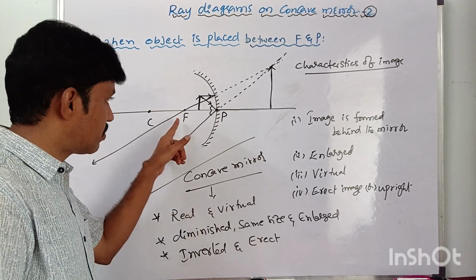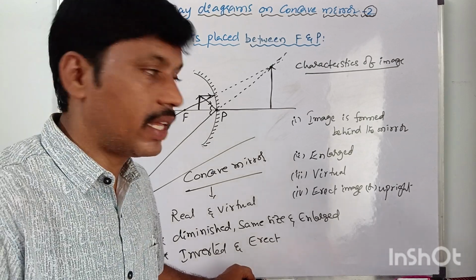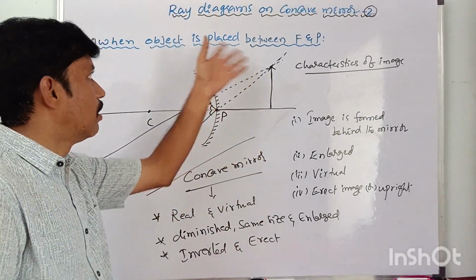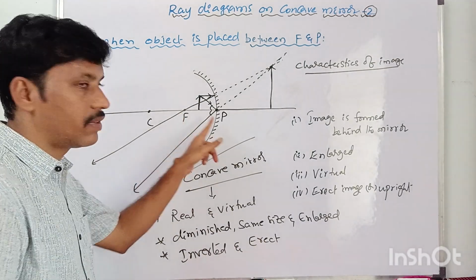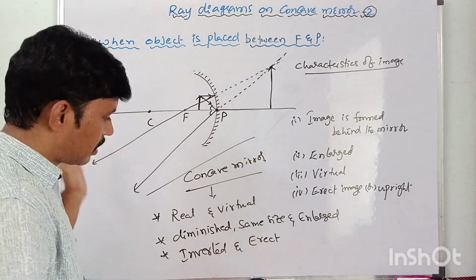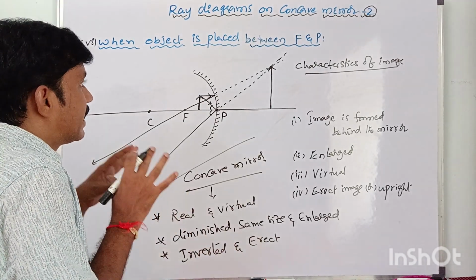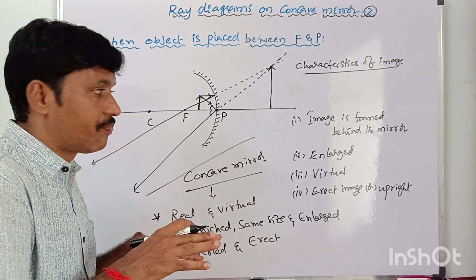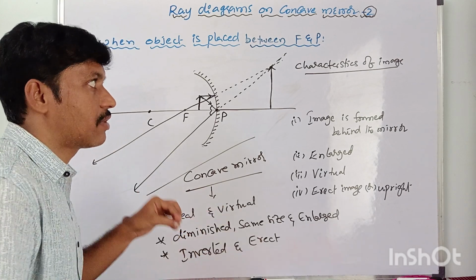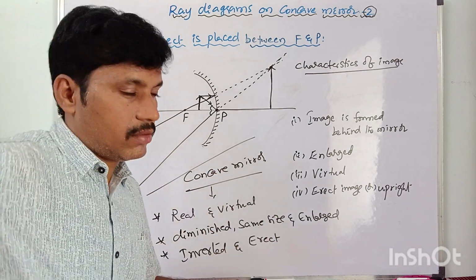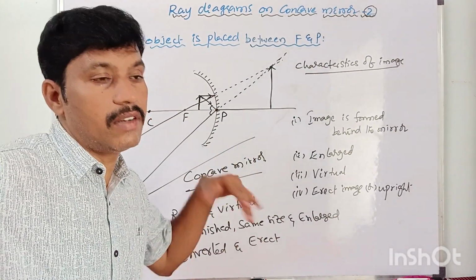Erect and virtual images are obtained only when the object is between F and P.